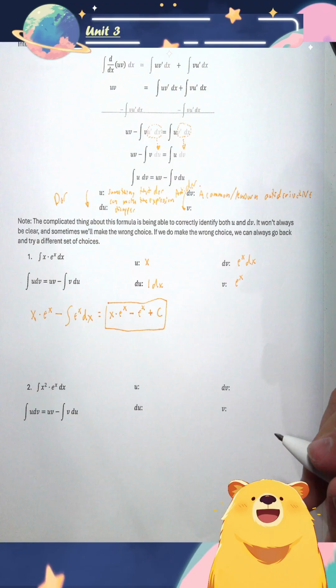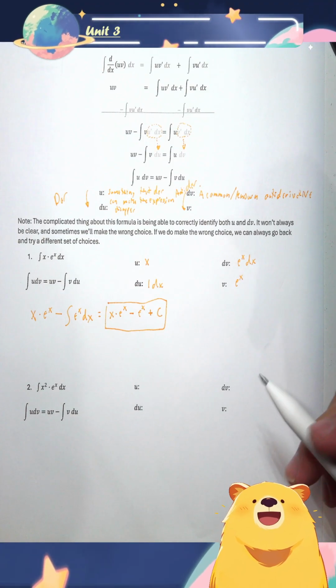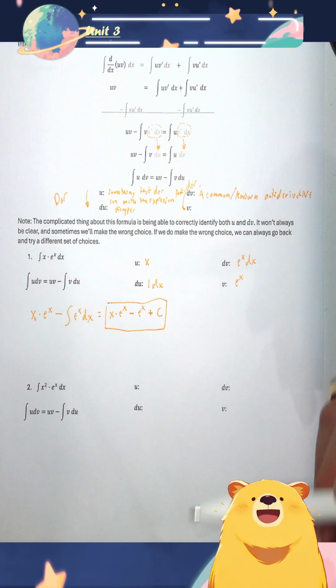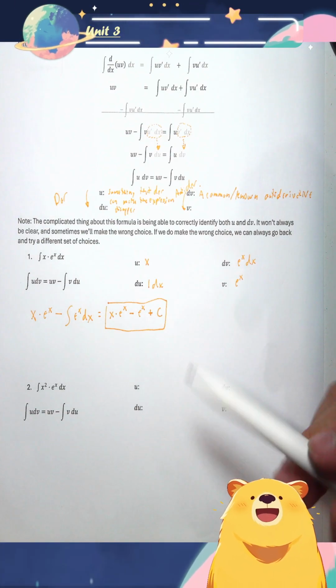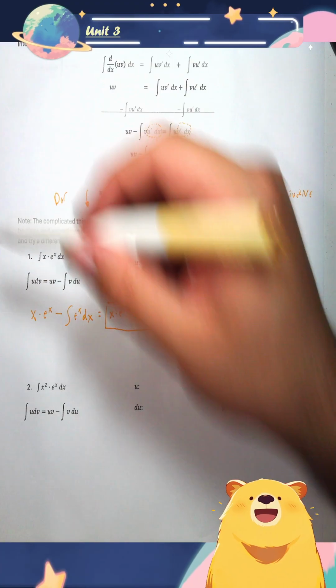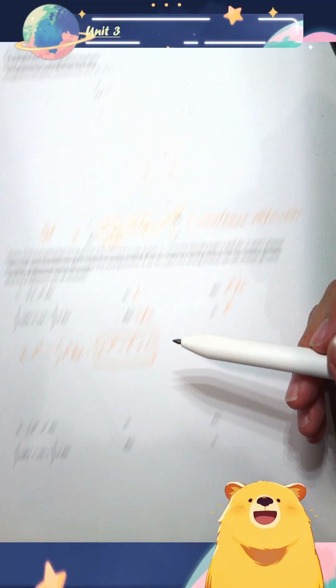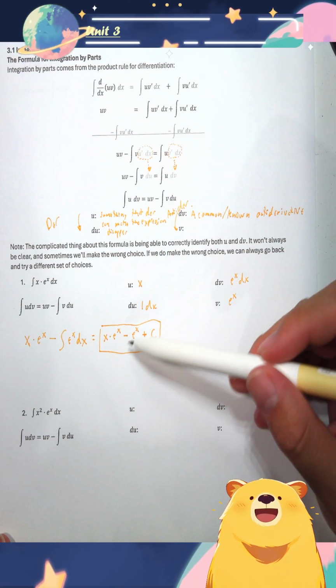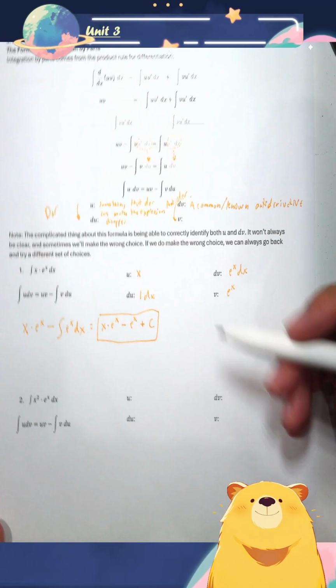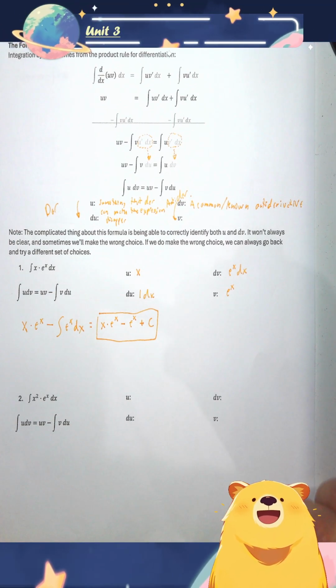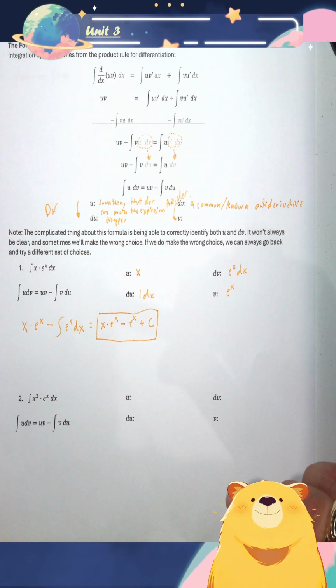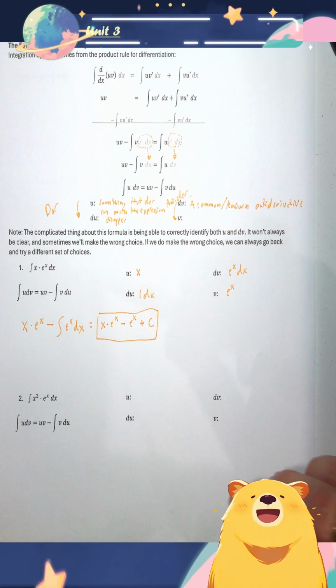Now, remember that at the end of the day, if you want to prove that this guy and this guy are equal, you have to remember the idea of its derivative.